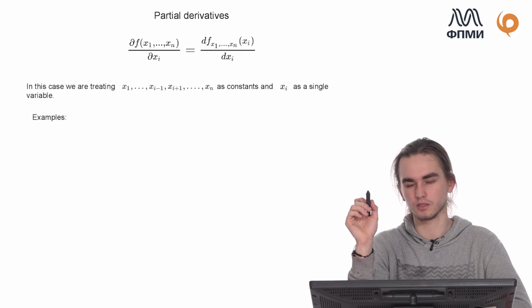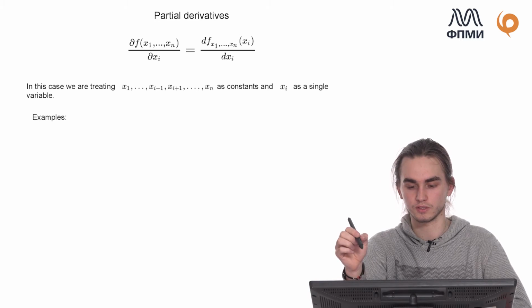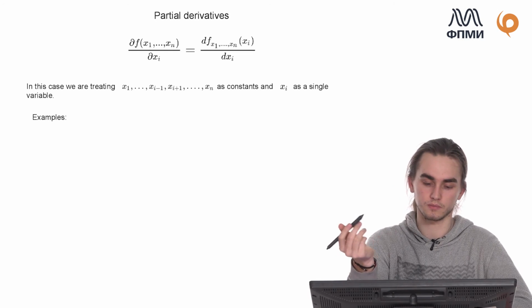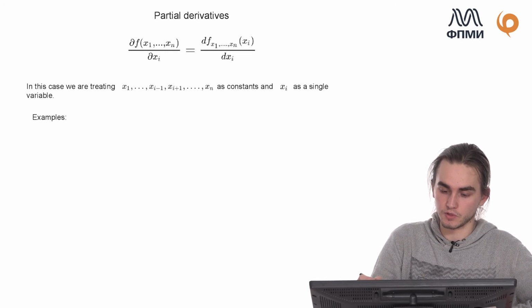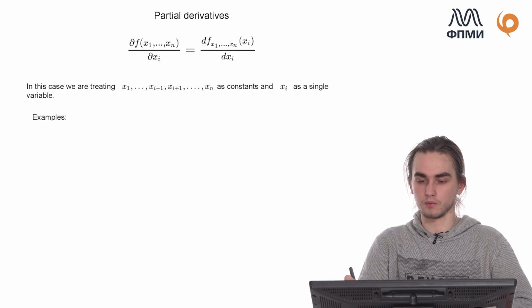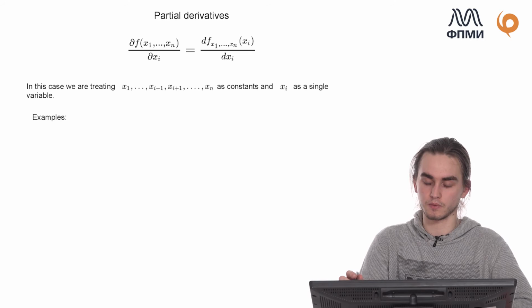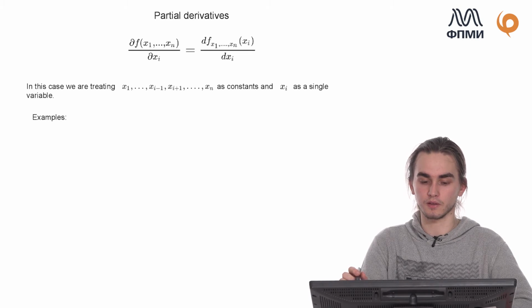It is actually a little bit hard thing to understand, but very easy thing to take if you know derivatives by itself. So basically, all you need to know about partial derivatives is that when you're taking one by the variable, you're considering everything else as a constant.